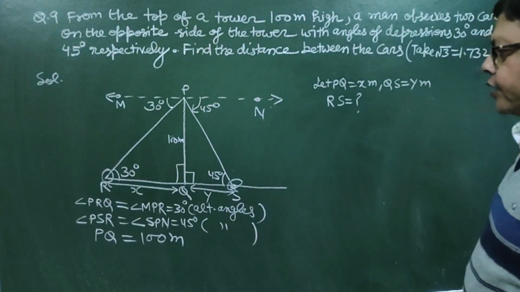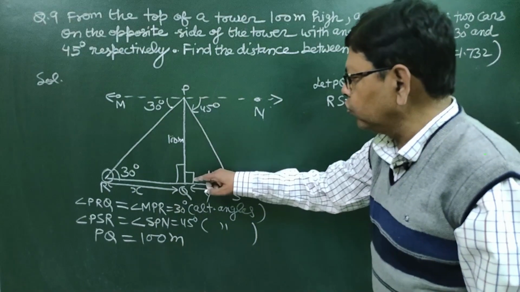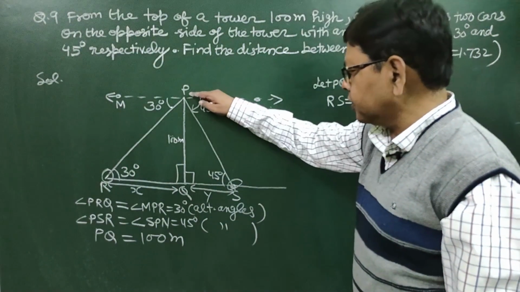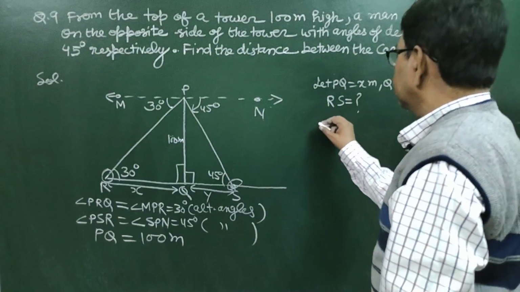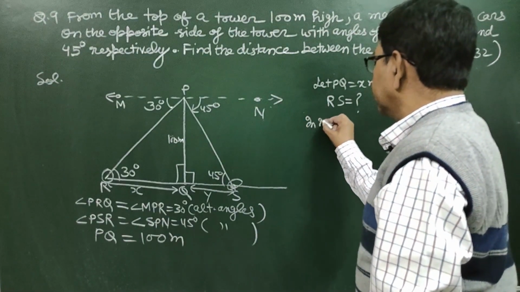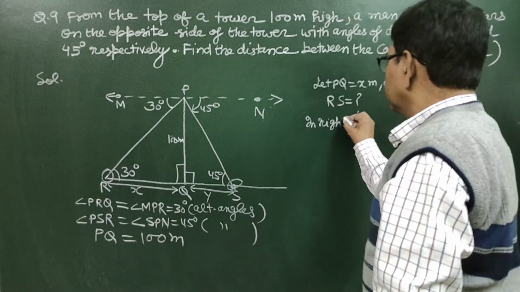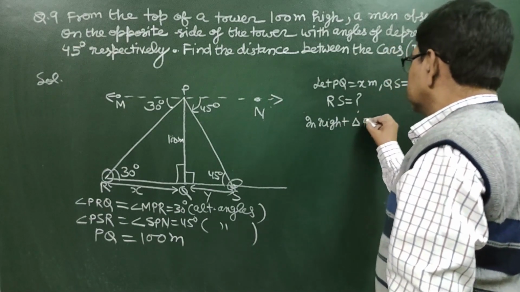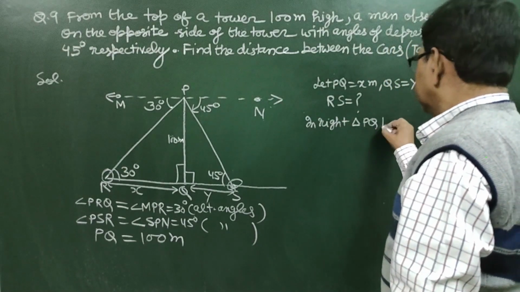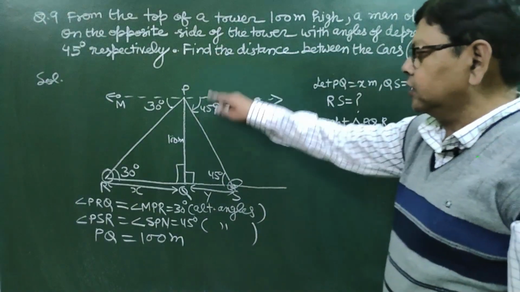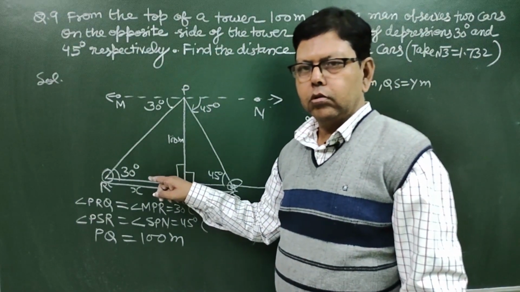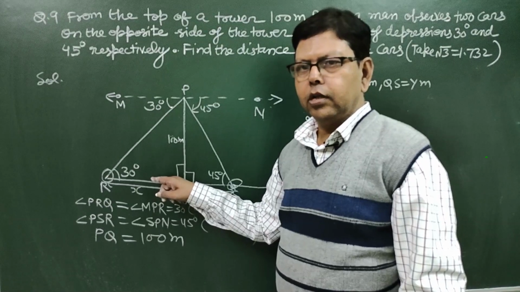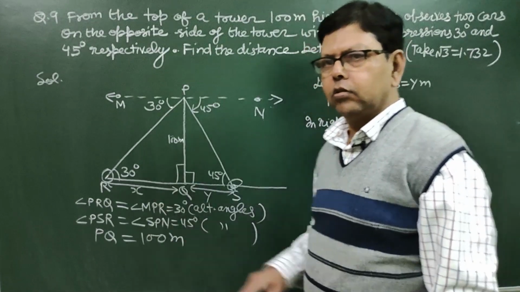So there are two right triangles, PQR and the other right triangle PQS. So we will consider right triangle PQR, and we will consider the trigonometric ratio for tangent of this angle.